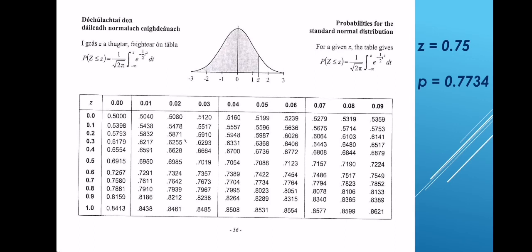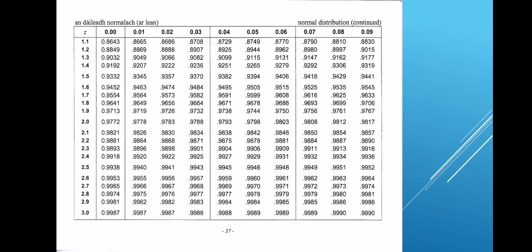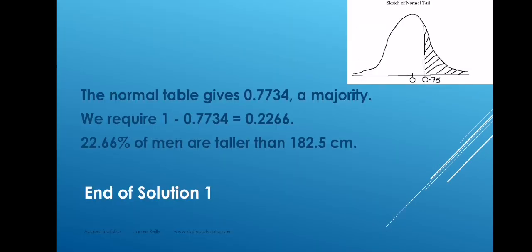So 0.75: 0.7 down the left, and 0.05 up the top. If we come across, we will find that the value involved is 0.7734. So the tables are suggesting that the probability that we require is 0.7734. However, that couldn't be the case, because we're looking for a minority.